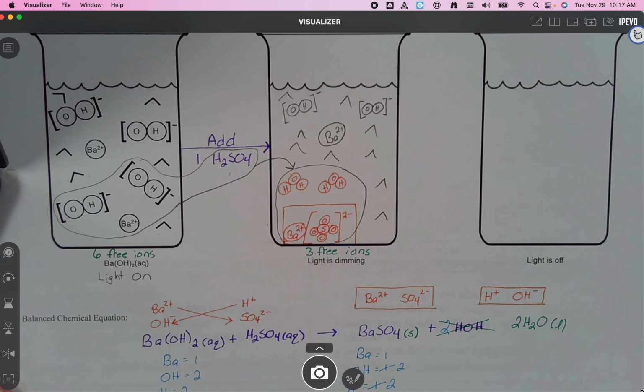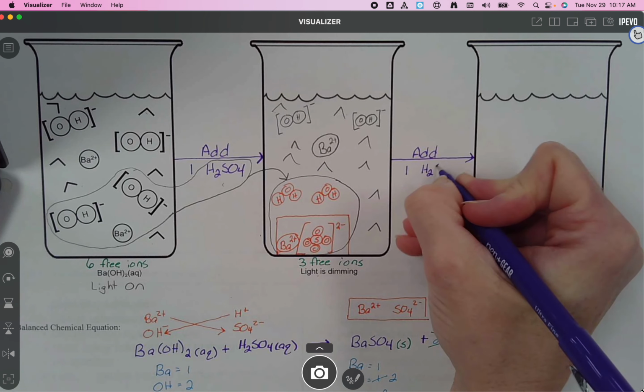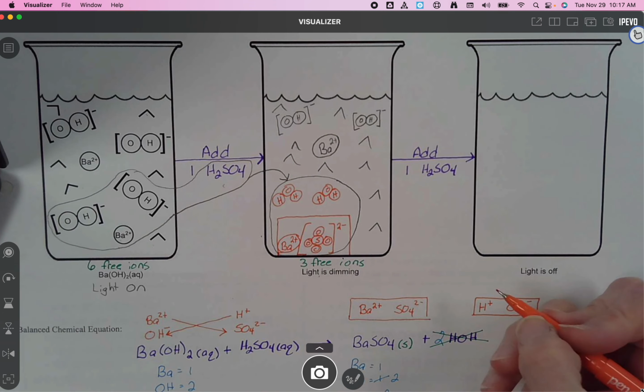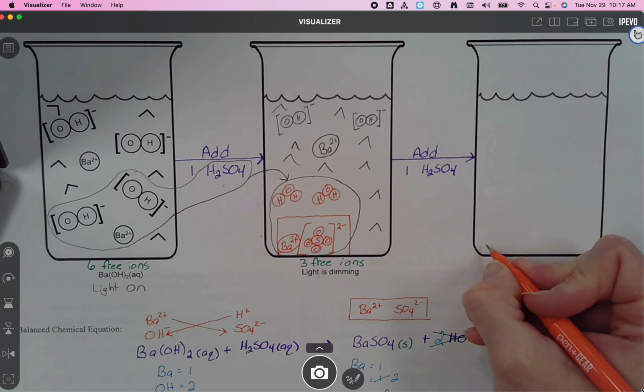So let's add another one. Add one more H2SO4. Well, when we do this, we're still going to have everything we had before. So before we think through what's going to happen, let's bring the other junk along with us.